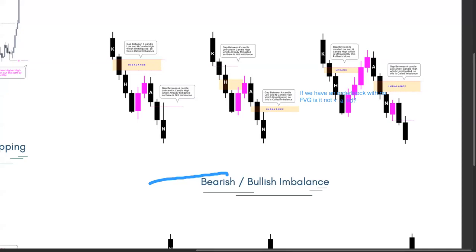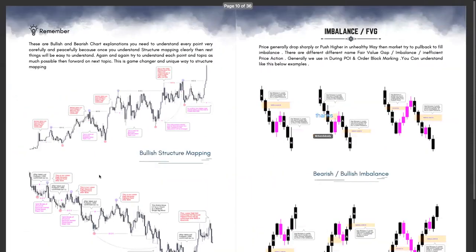Without imbalance, we can't use an order block, even if the order block took out the liquidity, where there is a very high chance that the order block will work.